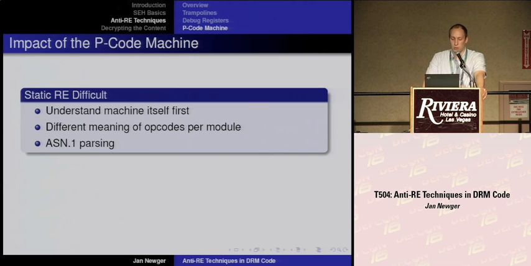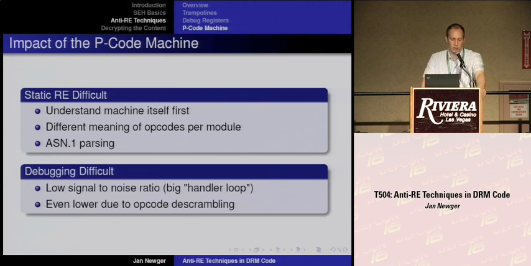And due to ASN1 parsing, which is quite complex, this increases even more. So debugging is difficult because you have a low signal to noise ratio, because a P-code machine actually looks like a very big loop which has a switch statement inside. And this is even worse due to the opcode descrambling with the randomization.